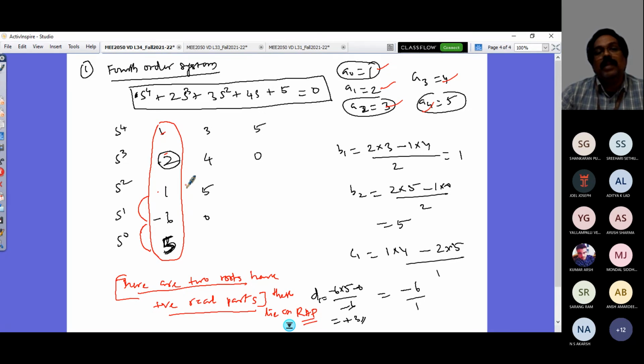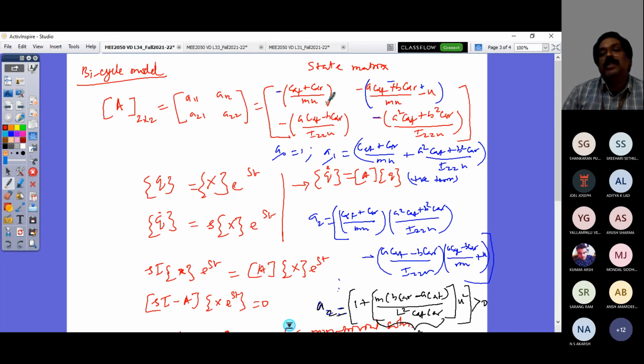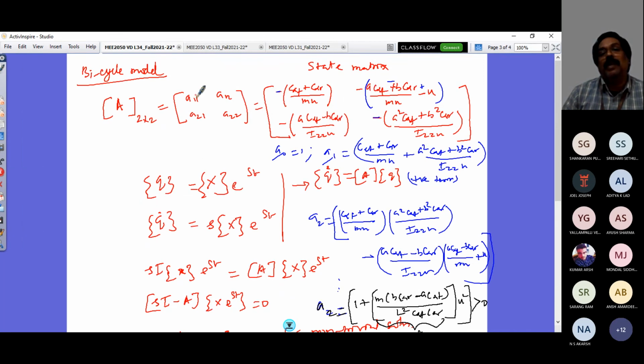So this Routh stability criterion, if I apply it to a second order system, that is for our bicycle model, that's what we have just seen here. Instead of finding the characteristic polynomial of its characteristic equation, I just have my A matrix, and from the A matrix itself I am able to write this and see the condition derived.